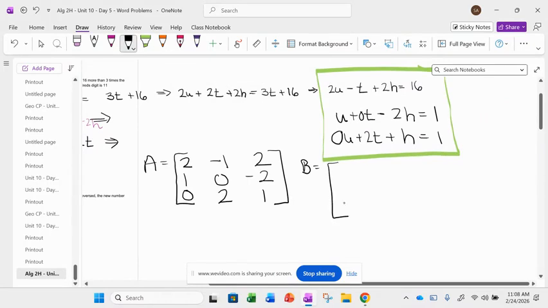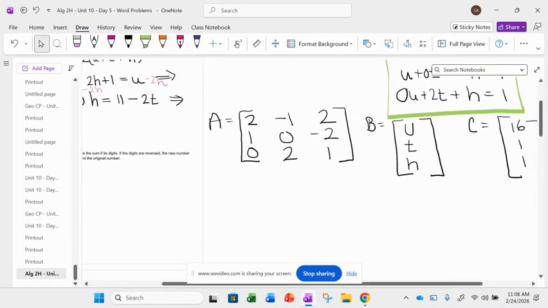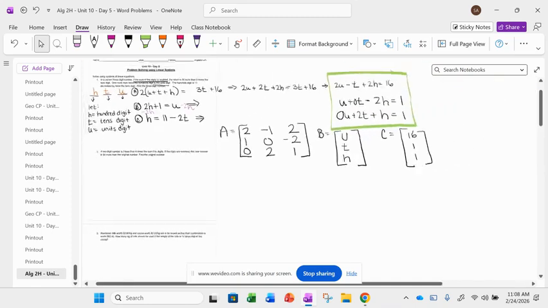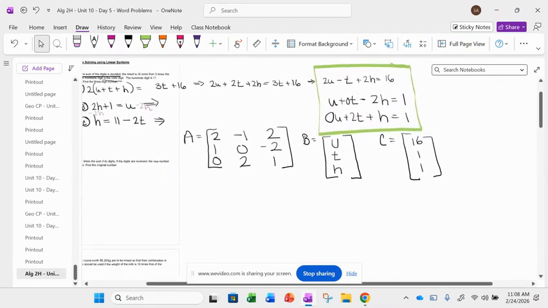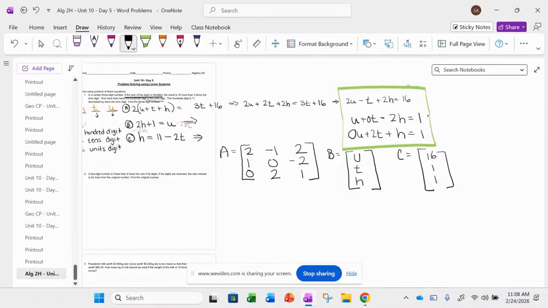B is going to be my variable matrix. So this is U, T, H in that order. And then C is going to be my constants, 16, 1, 1. Did I write something wrong? Ooh, it is 11 for the last one.